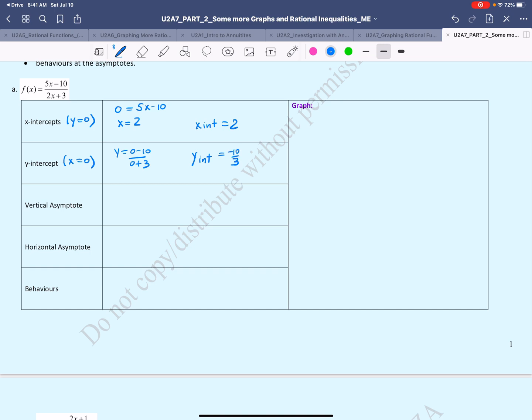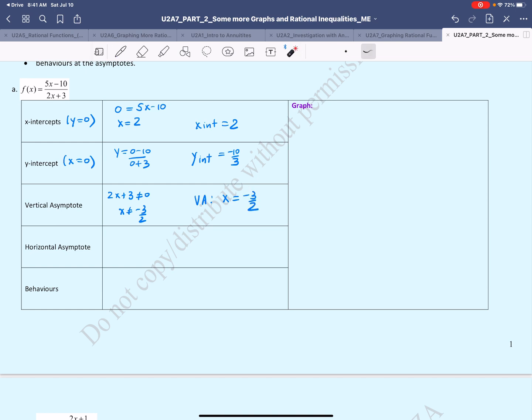Next, the vertical asymptotes. 2x plus 3 different than 0, which means x different than negative 3 over 2. That tells us that the vertical asymptote is at x equals negative 3 over 2.